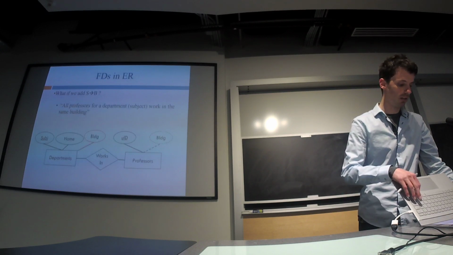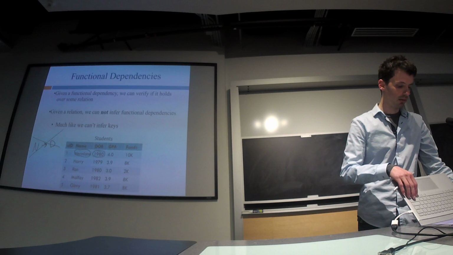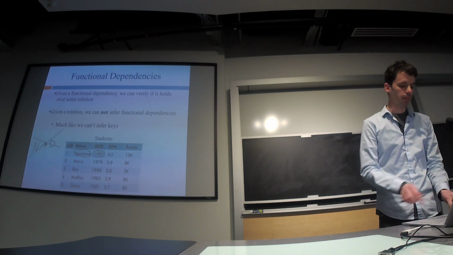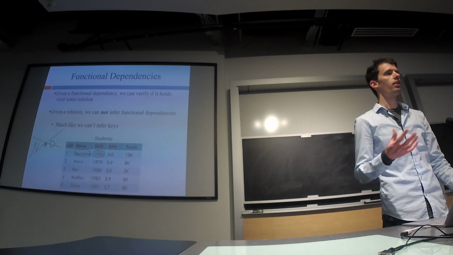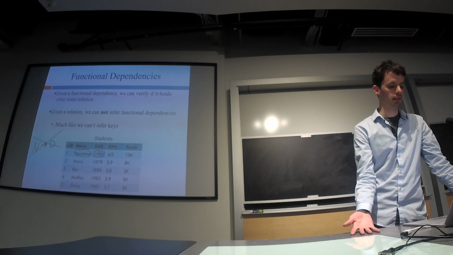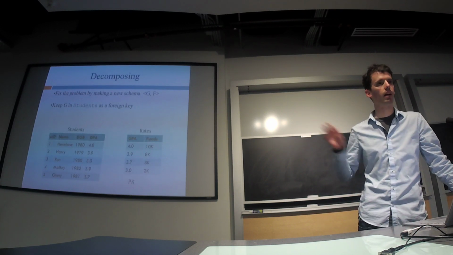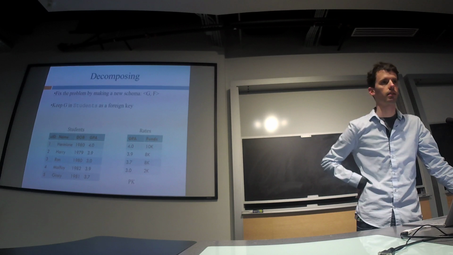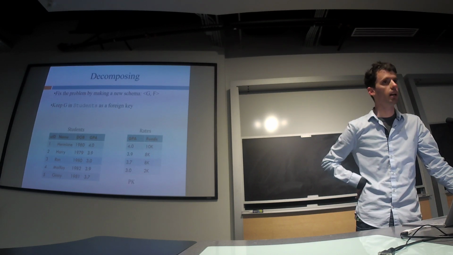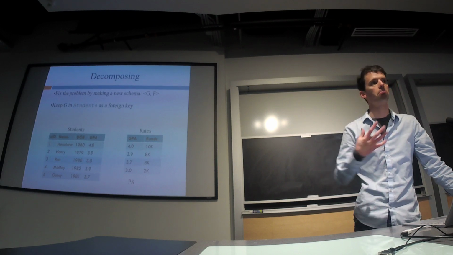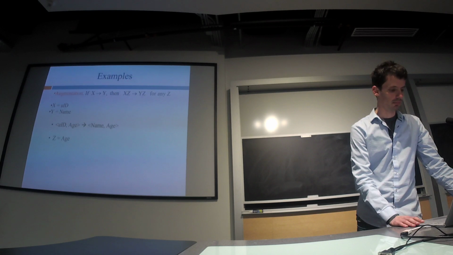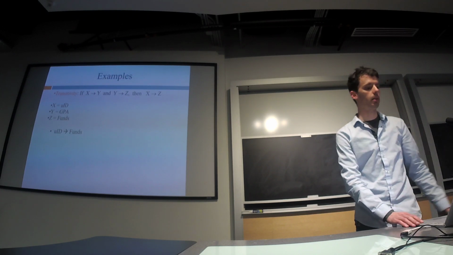All right, so if I go back to this table, can a UID determine how much funds somebody is getting? Yes. Even after decomposing the tables like this. Since UID determines GPA and GPA determines funds, UID determines funds. Okay.